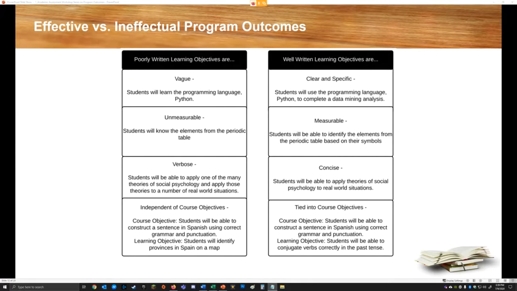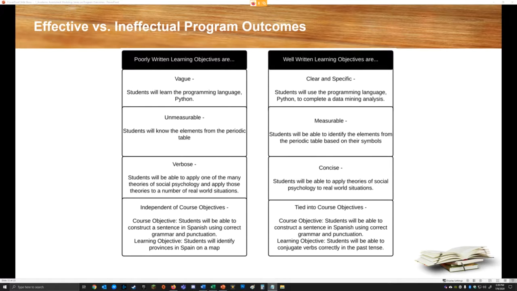Understanding is not an action, like a student cannot execute that. Similar to understand, we have as an ineffective outcome that students will know the elements from the periodic table. That again was from the live poll earlier. But again, what does knowing mean? That's so theoretical. That's not an action.